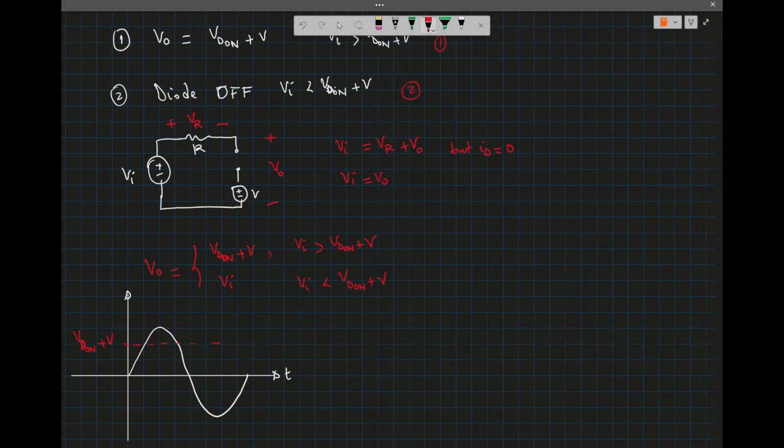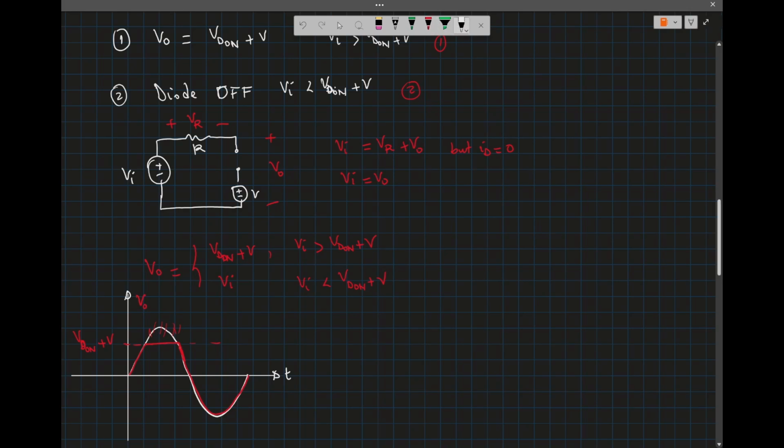When we are in this area where VI is bigger than VD on plus the bias voltage, V0 equals this constant, otherwise V0 equals VI, when VI is less than VD on plus the bias voltage.